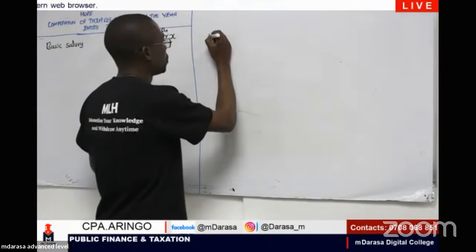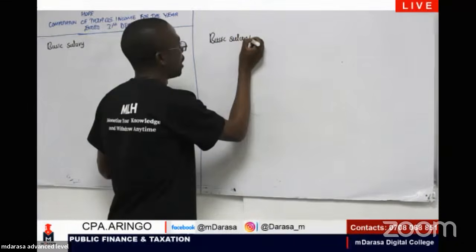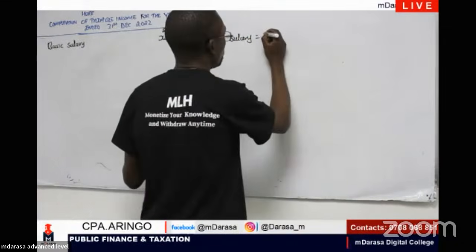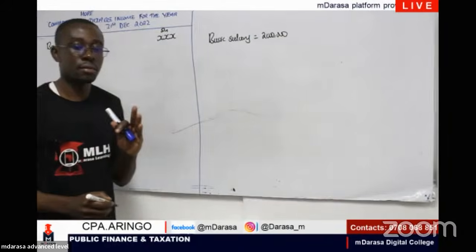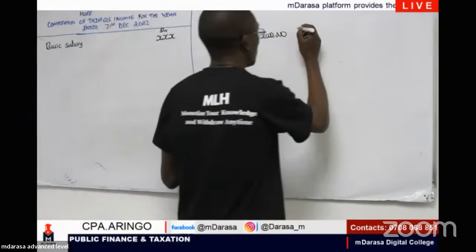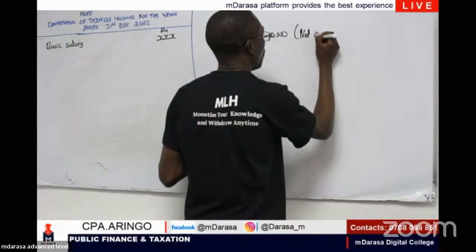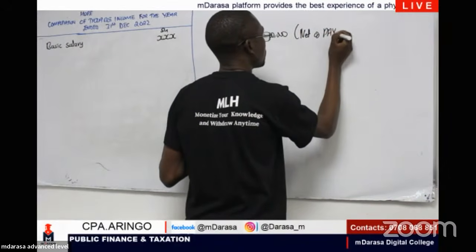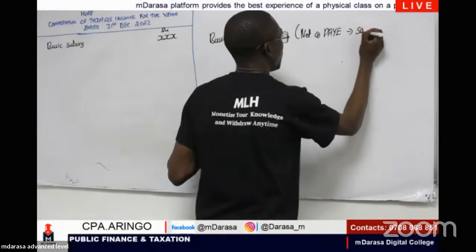Examiner will tell you that basic salary, I'm having, say, like 2 million. Then he will give you these statements. Number one, he'll tell you net of PAYE, say like 500,000.